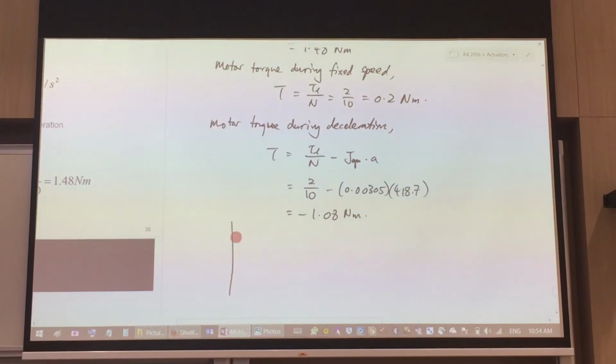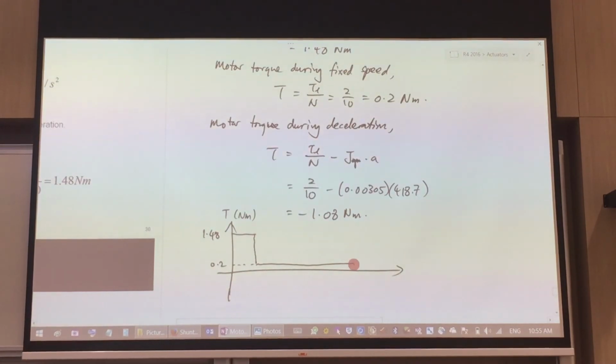So I can now sketch the entire torque response. I'll have that first one, that is 1.48 newton meter. And that one will come down to 0.2 at constant speed, so you will go backward.